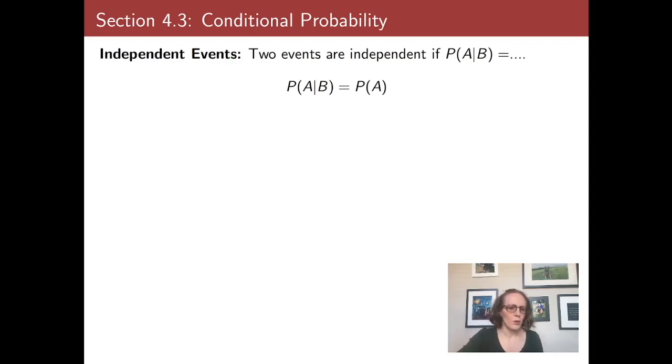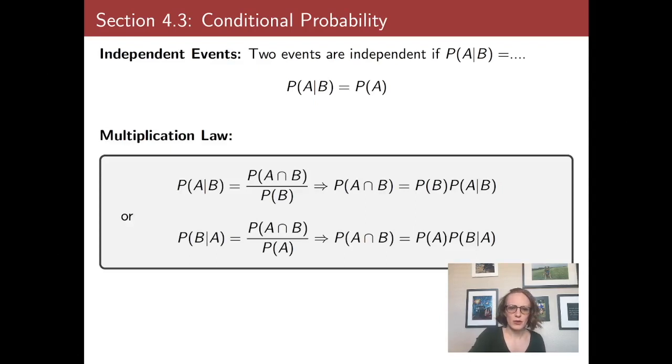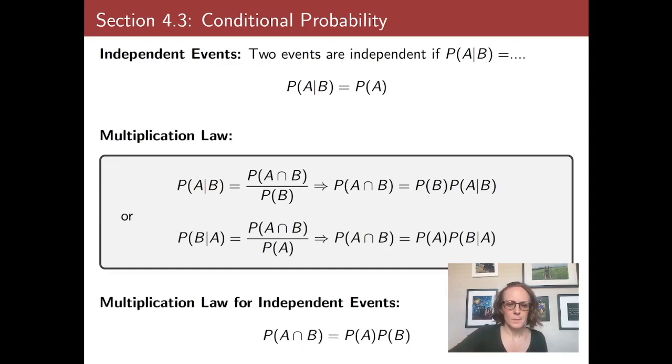In general, we have this formula for conditional probability. What we could do is multiply both sides of that by the probability of B, and that would give us something called the multiplication law. That's saying that the probability of the intersection is equal to the probability of B times this conditional probability. So let's see how this would work with independent events.